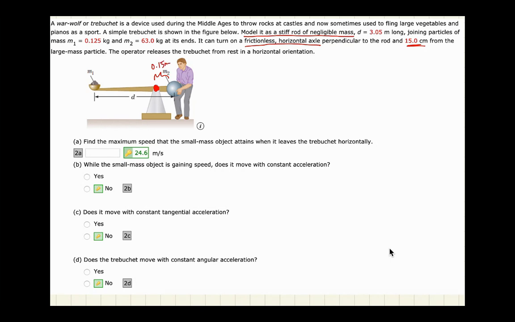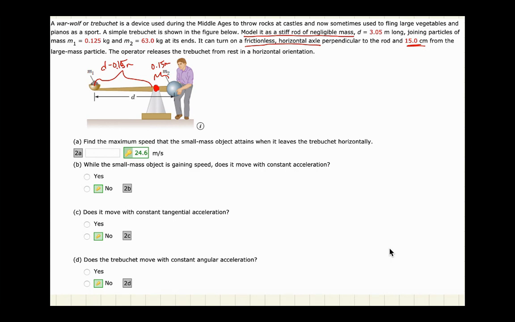That's my value. You'll have a different value. We also know d, so we can solve for this distance over here as d minus 0.15 meters. So you know the distances of each of these things from the pivot point, which is ultimately what we come down to.